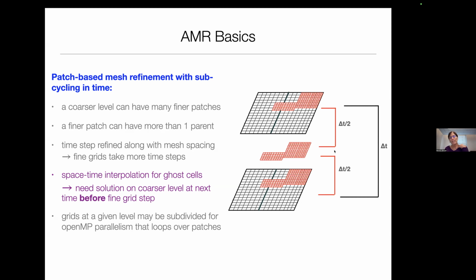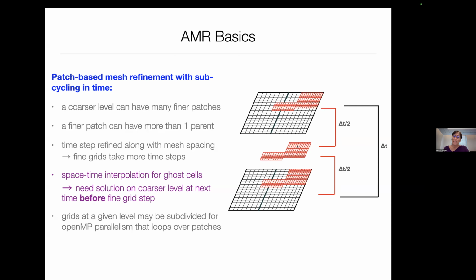We also refine in time, so that if the refinement is by 2, as shown here, we take 2 time steps on the fine grid so that everybody gets to the same point later in time. Now, to get the ghost cells that are needed, we have to do space-time interpolation.